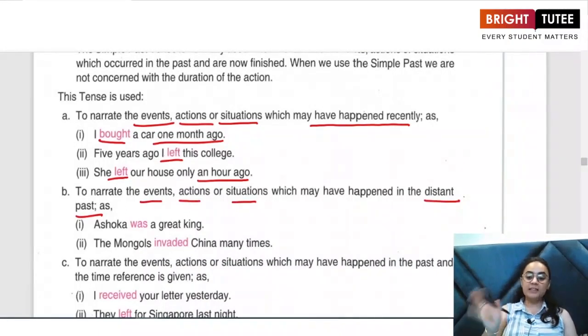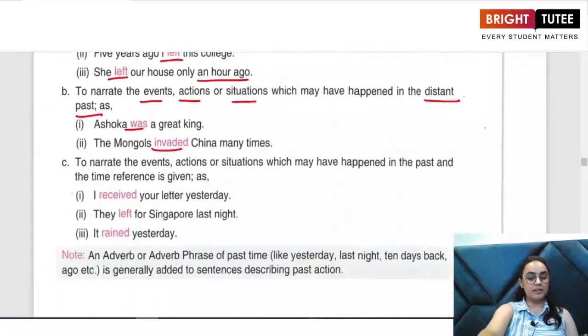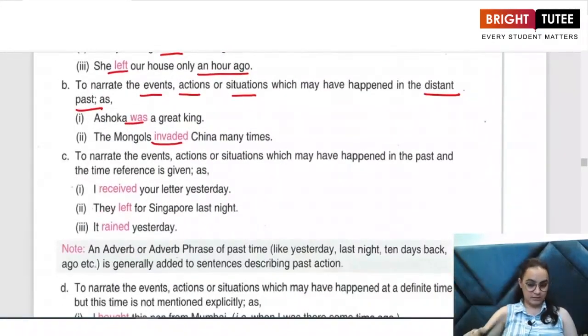So not only in the near past but also the distant past. For example, Ashoka was a great king. Now when we talk about the king Ashoka, obviously the existence of Ashoka dates back to a long history, right? So Ashoka was a great king. The Mongols invaded China many times. So the Mongols invading China is something that took place in the distant past.